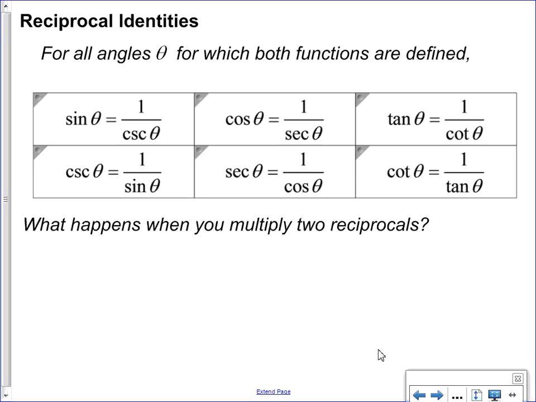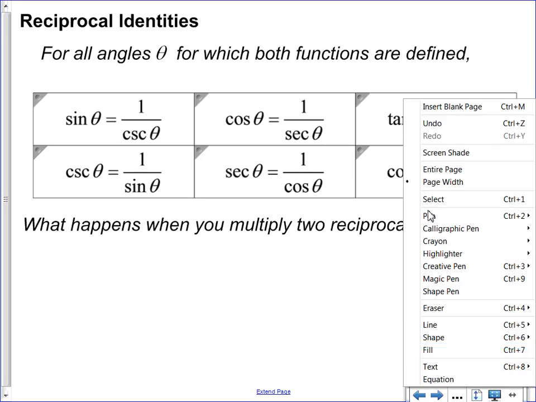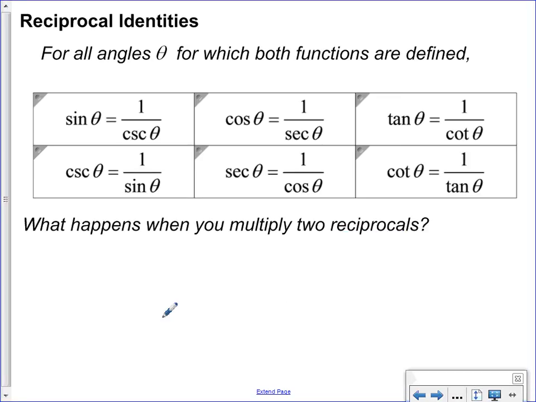Question, what happens when you multiply two reciprocals together? For example, x over 1 times 1 over x. Those are reciprocals, right? What is it? It's 1. So, moral of the story is sine times cosecant is going to give you 1.